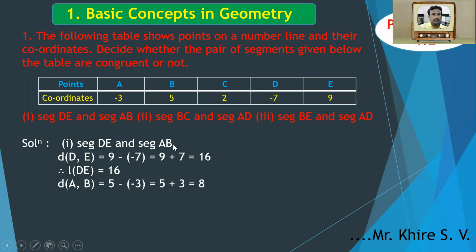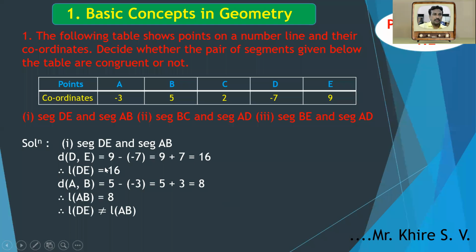Similarly, we can find distance AB. For that, the coordinate of point A is -3 and B is 5. 5 is greater than -3, therefore 5 minus -3. Minus becomes plus again, 5 plus 3 is 8. Therefore length AB is equal to 8.